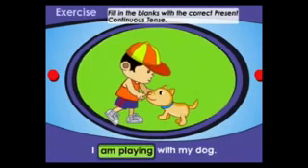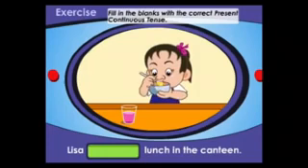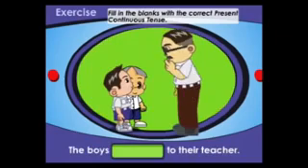I am playing with my dog. Lisa is having lunch in the canteen. The boys are talking to their teacher.